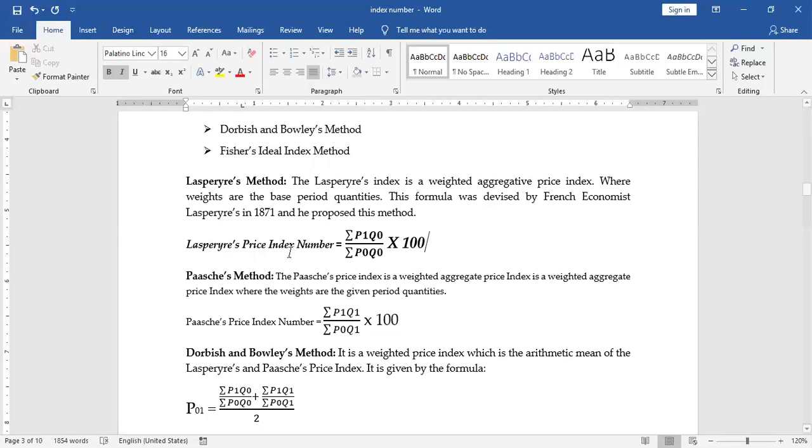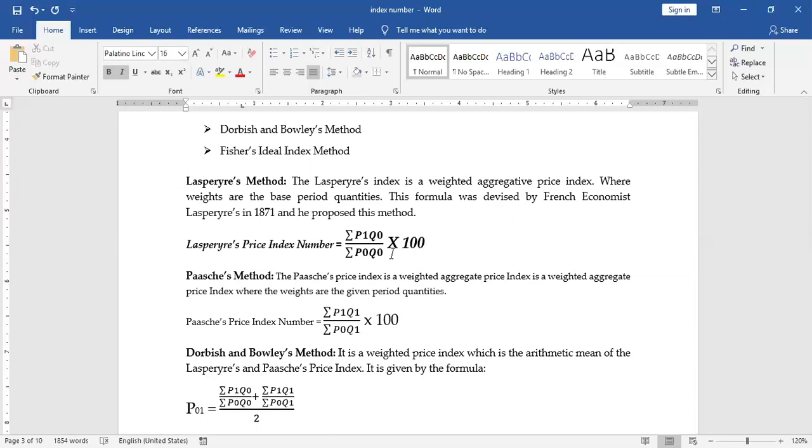We have to be very careful here. P1 stands for price of the current year, Q naught stands for quantity of the base year, and P naught is price of the base year. So this is the formula for Laspeyres' price index.